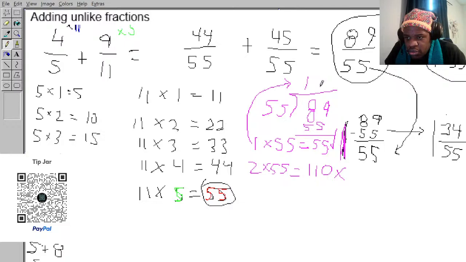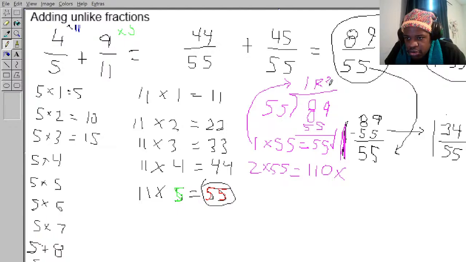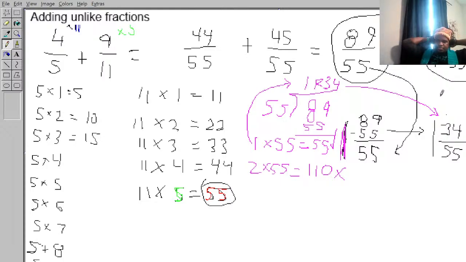And then your remainder is 34. And then that would become your numerator as well. So that's how you get all that.